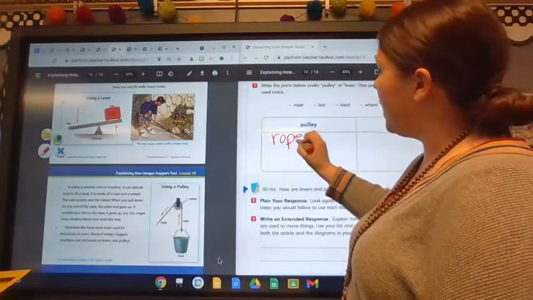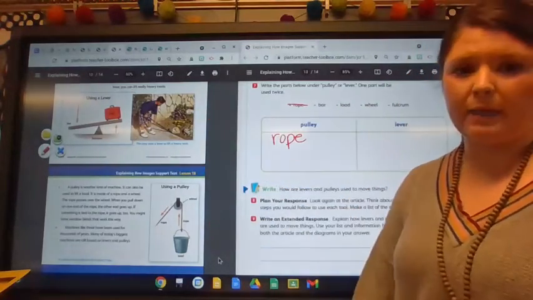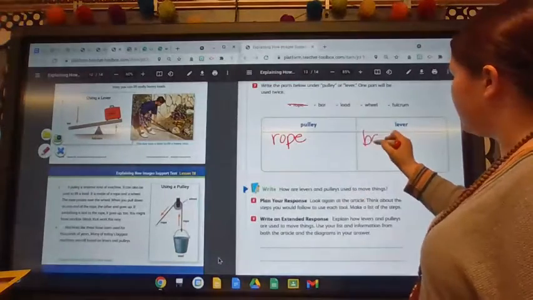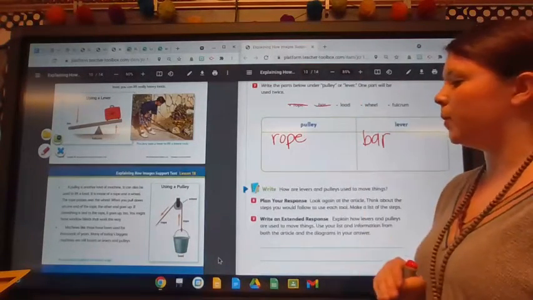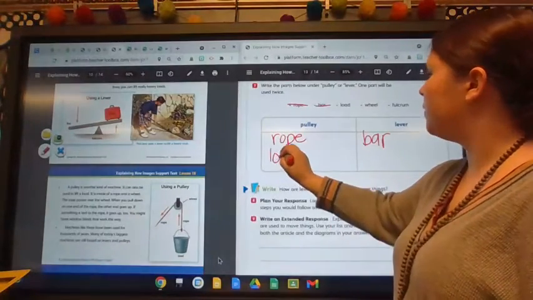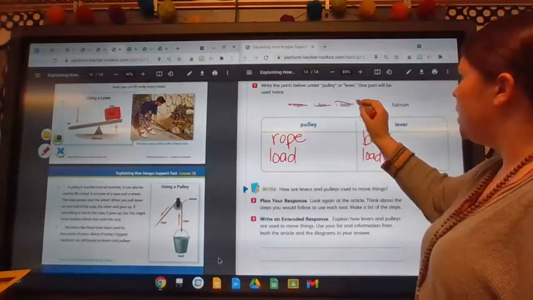All right. The bar. Is the bar used for the lever or the pulley? The bar is used for the lever. The load. Is it used for the lever or the pulley or both? It is used for both. Both of them have a load that they are trying to move. All right, wheel.